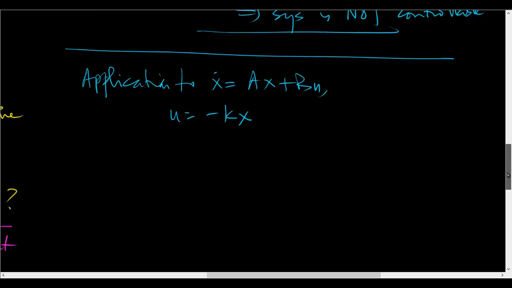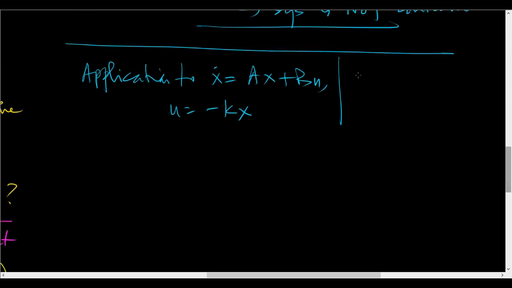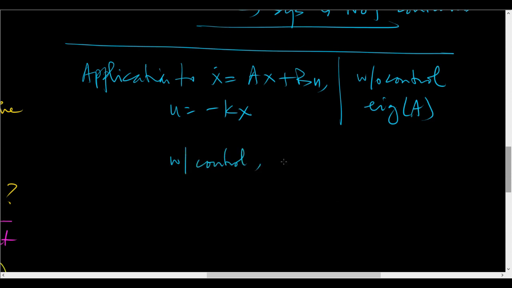That means without control, we have the eigenvalues of A, and with control we have eigenvalues of A minus Bk, and these may be things that we like. We can put them where we want them.